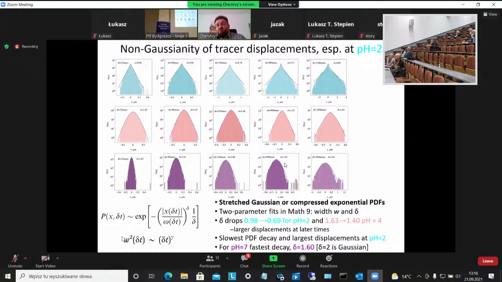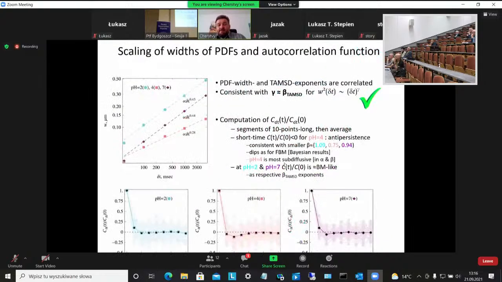The point is to understand how the width of these distributions actually grows with time. And this is actually what I did. So on this slide, you see how the width of the PDFs grows with the time lag, if you wish, for all three pH.